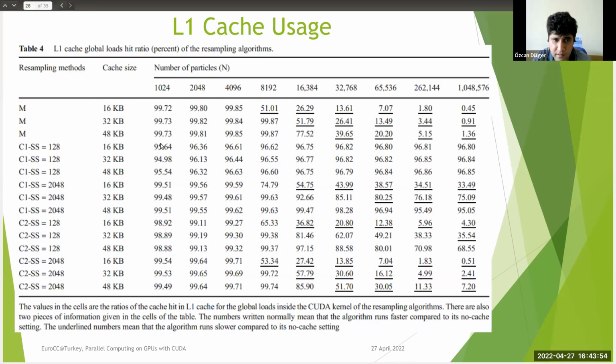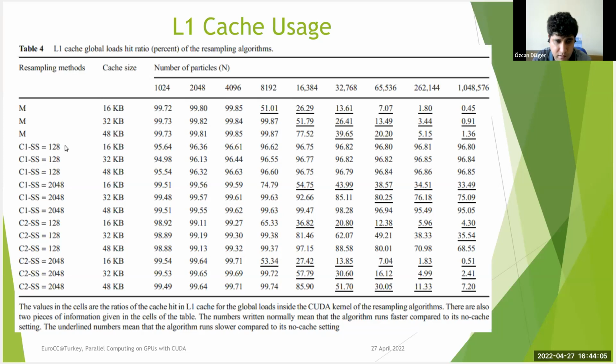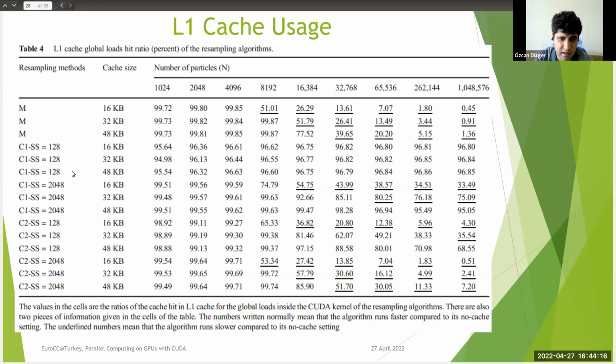And we get a high ratio for each number of particles because the number of data is enough for the size of cache. So we can store all of the data in this configuration in L1 cache.